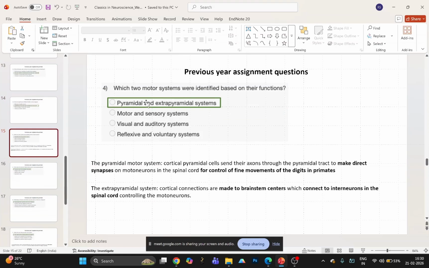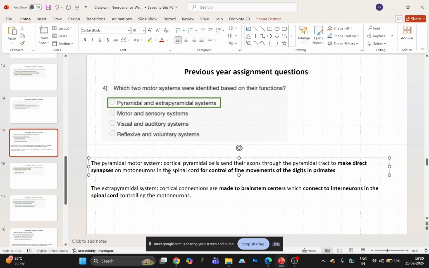Next, which two motor systems were identified based on their functions? We know that there are two motor systems that were identified. One is the pyramidal motor system and the other is the extrapyramidal motor system. The pyramidal motor system is one in which direct synapses are made by the pyramidal cells in the cortex with the motor neurons in the spinal cord.